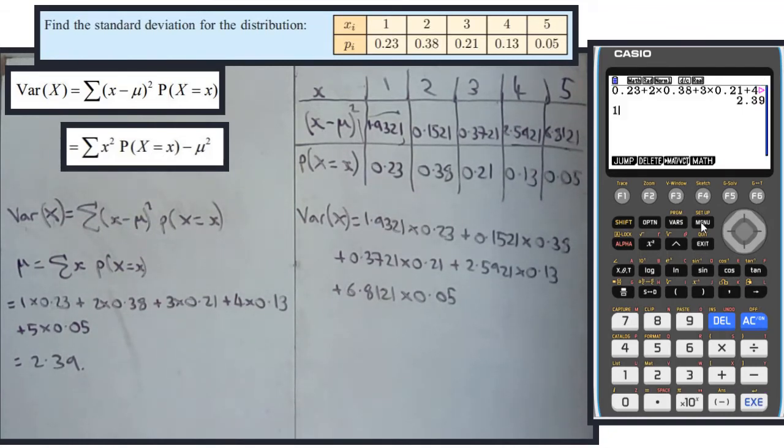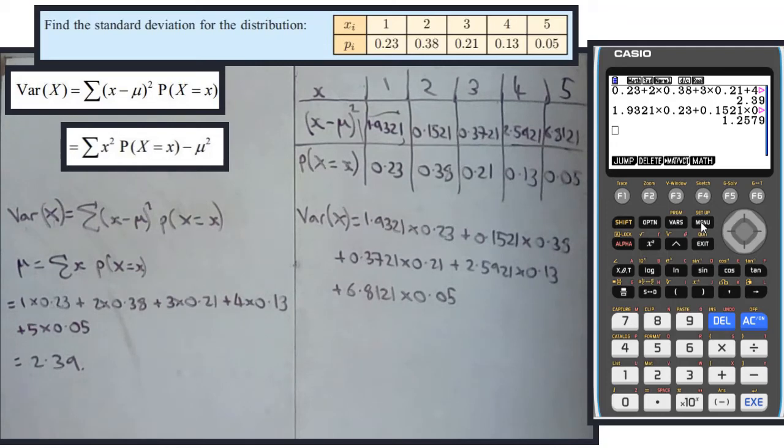So 1.9321 times 0.23 plus 0.1521 times 0.38 plus 0.3721 times 0.21 plus 2.5921 times 0.13 plus 6.8121 times 0.05.